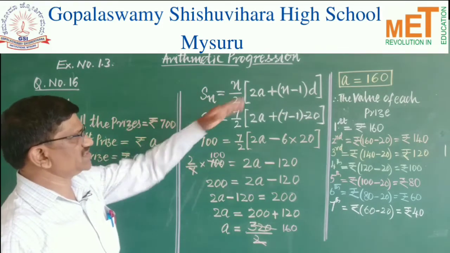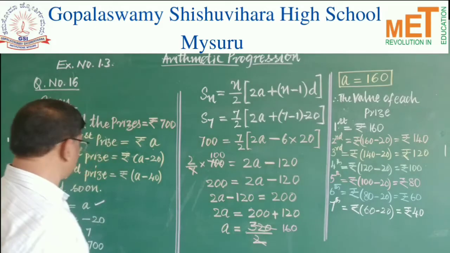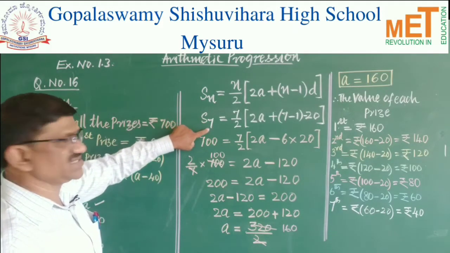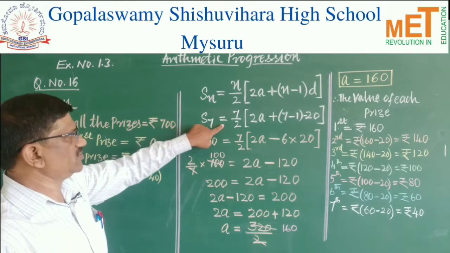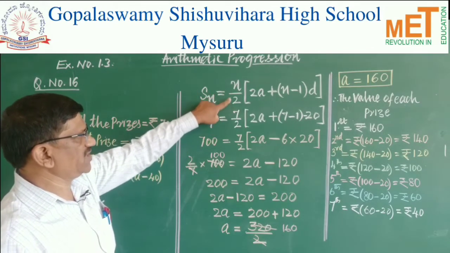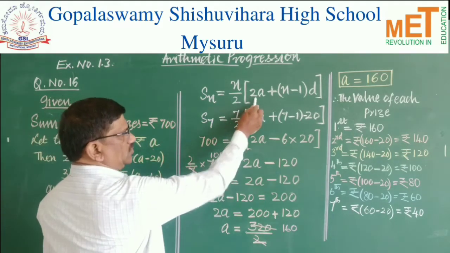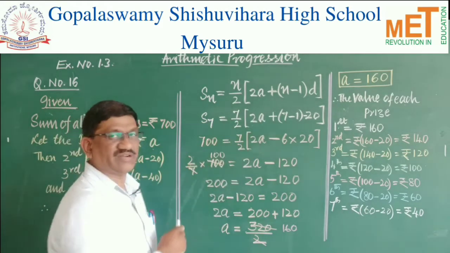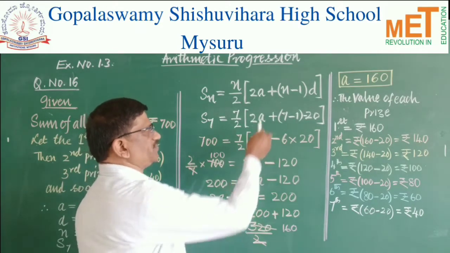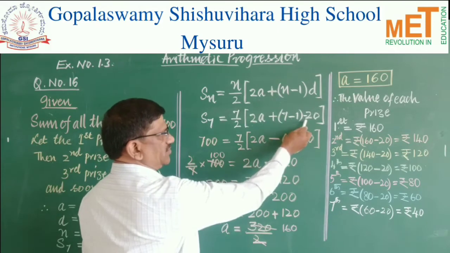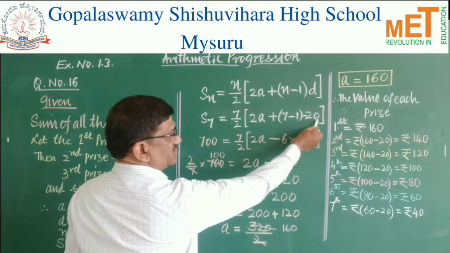Substitute all these values. n is equal to 7, so S7 is equal to n by 2, which becomes 7 by 2, into 2a, A we don't know, that we have to calculate, isn't it? Plus n minus 1, that is 7 minus 1, into d, which is minus 20.